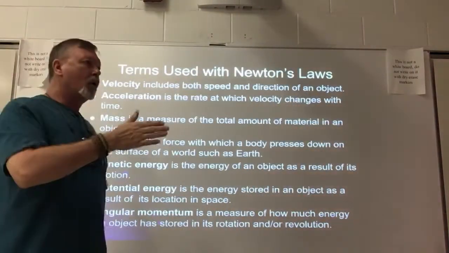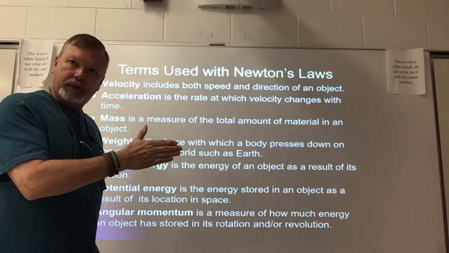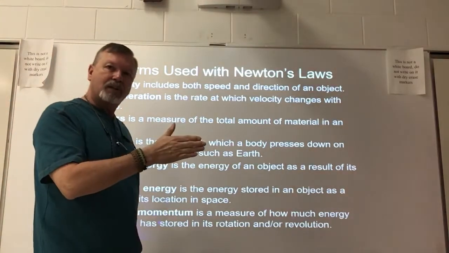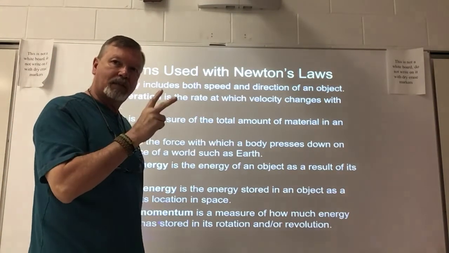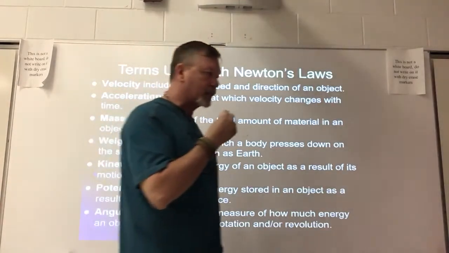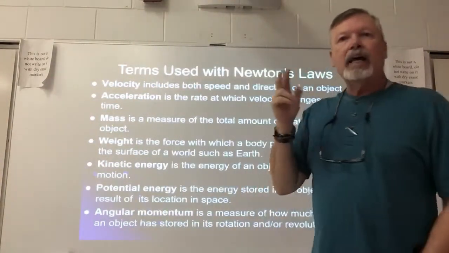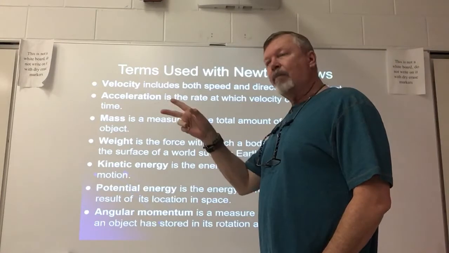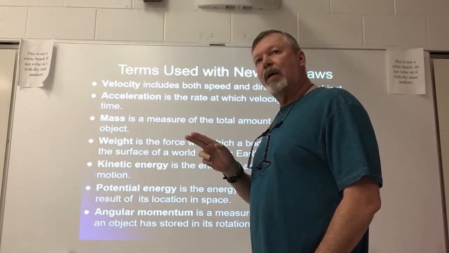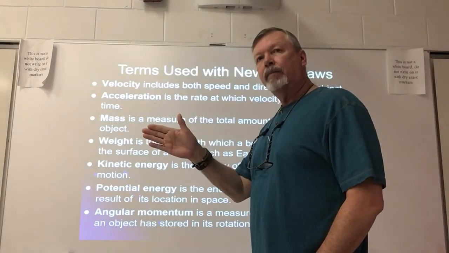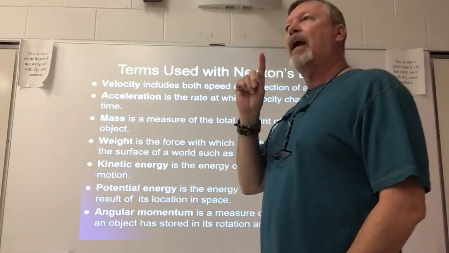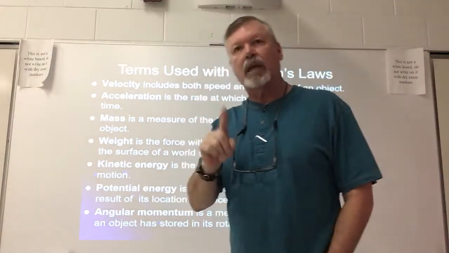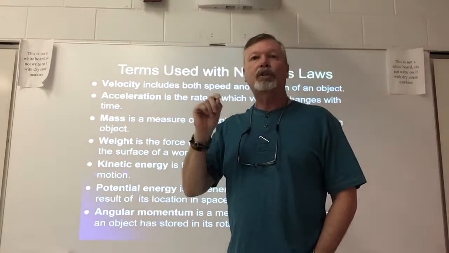So if I'm going down the highway due south at 75 miles an hour, that's the velocity because I've included both things. And I slow down from 75 miles an hour to 60 miles an hour, still due south, I have accelerated because I have made a change to my velocity. And the change in this case was to speed.